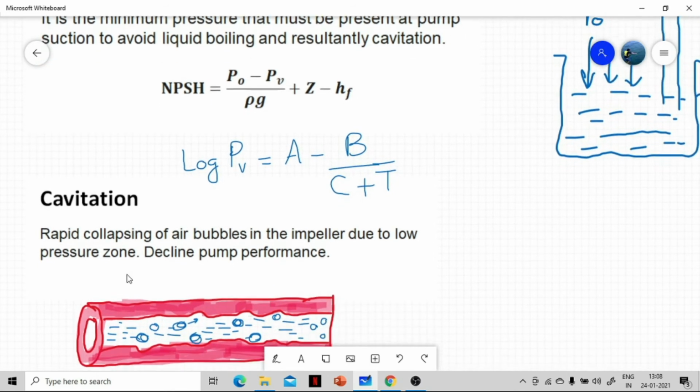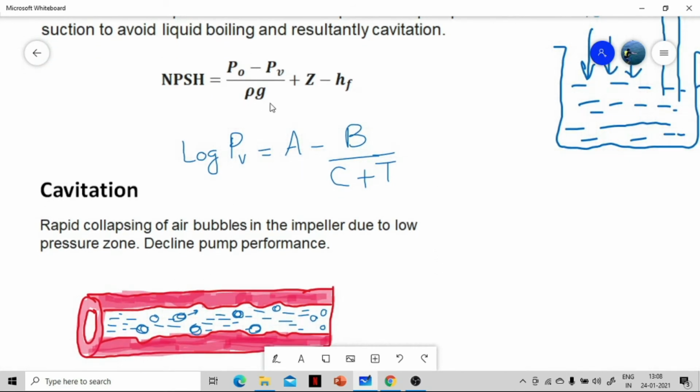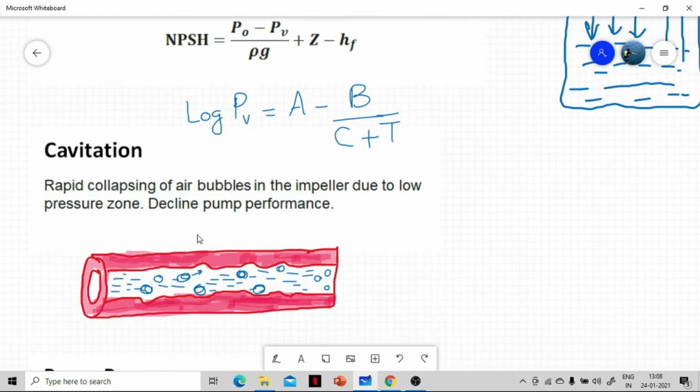Due to the low pressure at the suction of a pump, the liquid will vaporize or boil, and the vapor or air bubbles will start to collapse in the impeller due to the low pressure zone, and they will continuously hit the impeller, and it will cause erosion and pitting on the material that will definitely decline the pump performance with time.